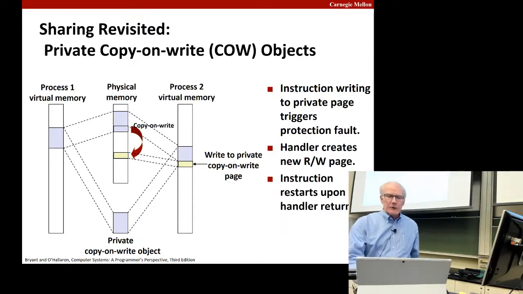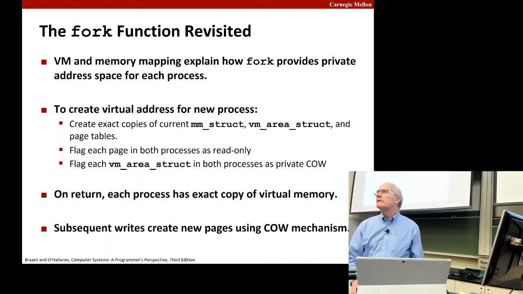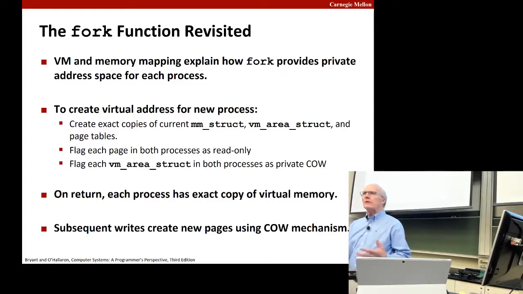So where this really comes into play is with our friend fork. Remember, the idea of fork is that it looks as if, for the child process, you've made a total copy of the entire address space of the parent, and only modified a few parts of it. But if you think about it, large parts of those two processes are likely to stay the same.